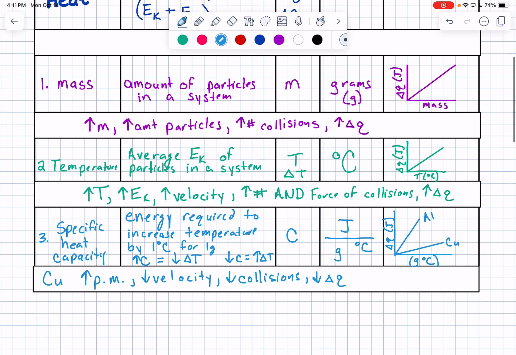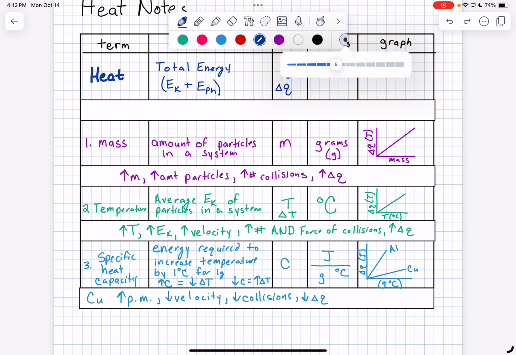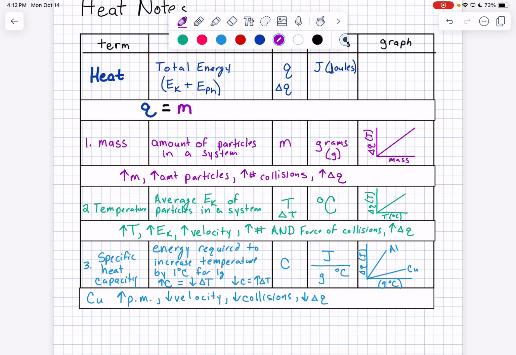And so when we consider all of these things, all of our notes that we put together here, what we have is that Q, my heat, I can put this up here. So Q equals the mass times the change in temperature times the specific heat.